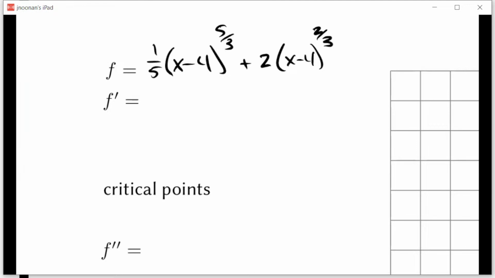So Leanne, are we able to do the derivative of that first piece, the 1/5 x minus 4 to the 5/3? You could take a guess. I'll just put the 1/5 down, but what do you think happens to the 5/3 in the exponent? 2/3, you said? 2/3, yeah.